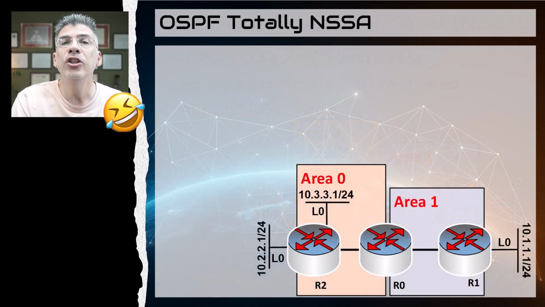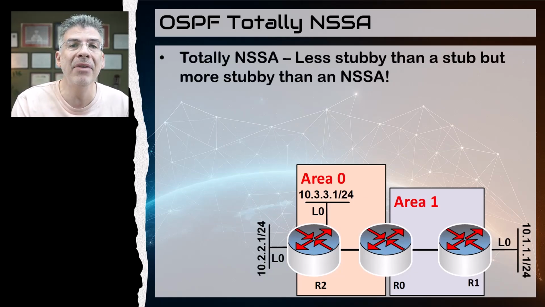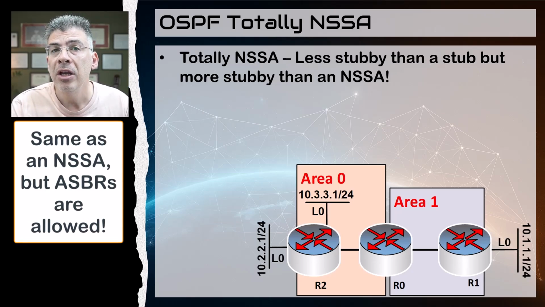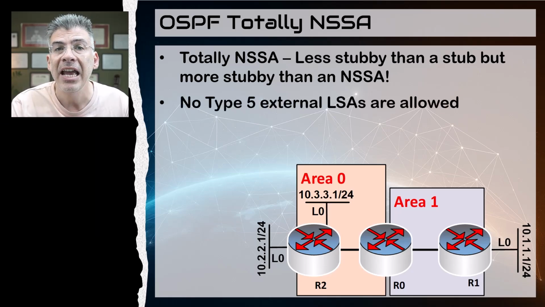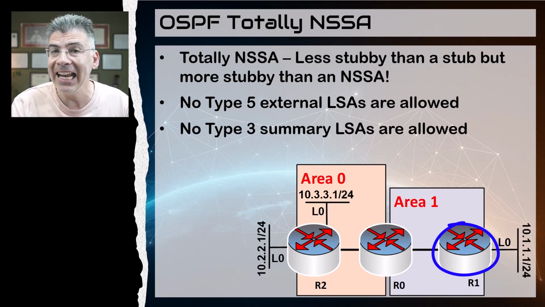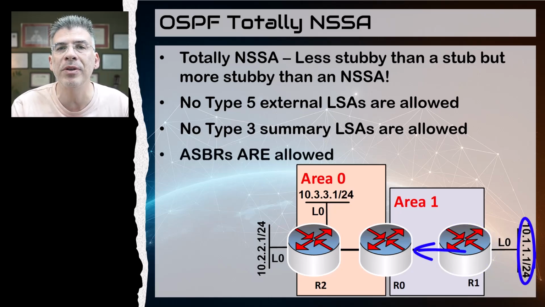This is the totally not-so-stubby area. So this is the same as an NSSA, but ABRs are allowed. So like an NSSA, the external Type 5 LSAs and the intra-area Type 3 summary LSAs are disallowed. But R1 can act as an ASBR, injecting this route here into the OSPF topology.